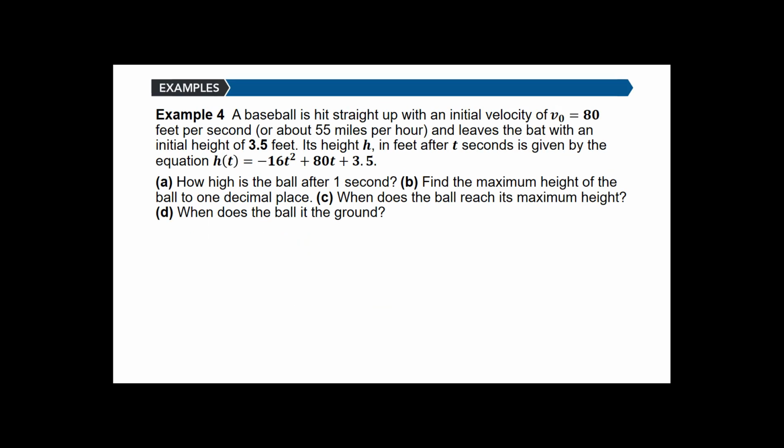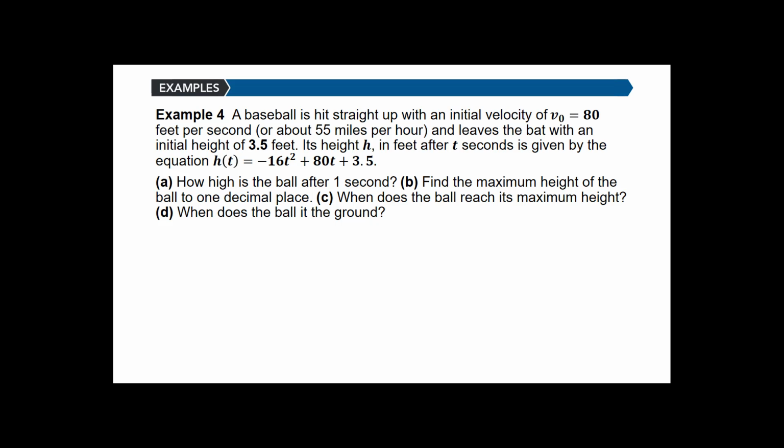Example 4 states that a baseball is hit straight up with an initial velocity of 80 feet per second and leaves the bat with an initial height of 3.5 feet. Its height h in feet after t seconds is given by the equation h of t equals negative 16t squared plus 80t plus 3.5.